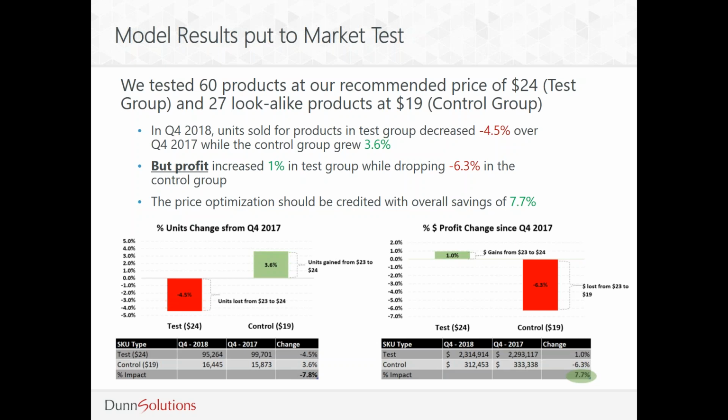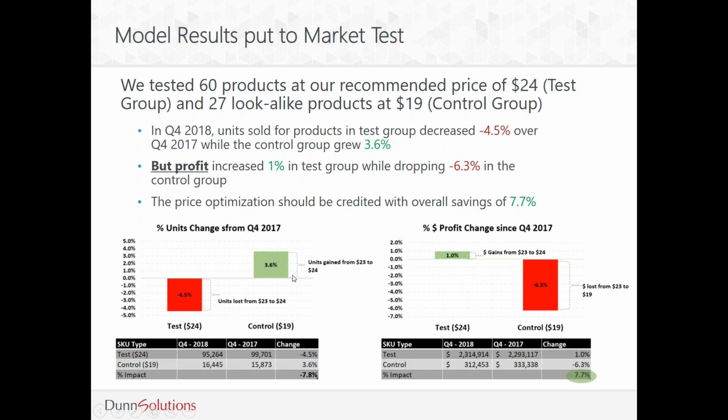Now, what happened is that in our test group at the recommended price of 24, unit sales went down, which is exactly what we expected. Whereas in the control group at $19, they sold a little more units than the previous year.